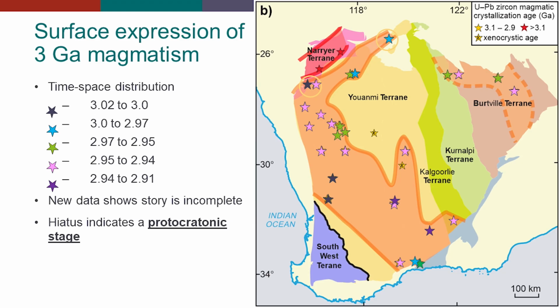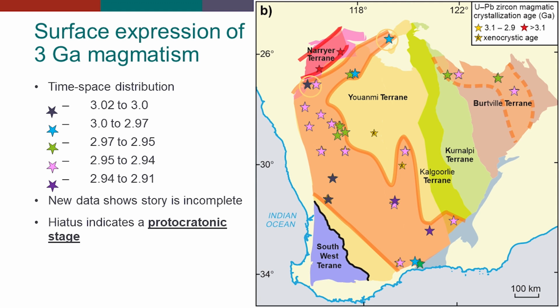And going through that in sequence, you find the ages going slightly younger from 3 billion to 2.95. There's no particular arrangement of those into corridors or in terms of the spatial arrangement of that sequence of magmatism.